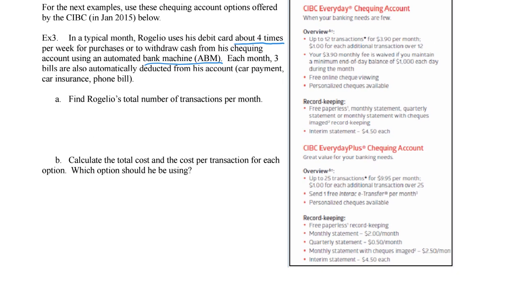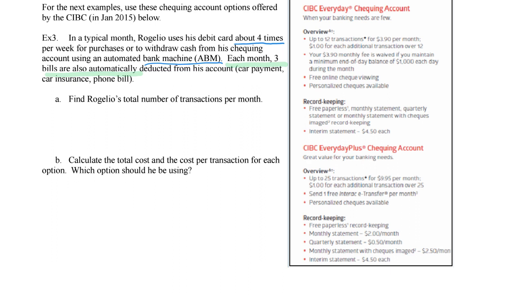Now, here's what we need to figure out. We know that for every month, Rogelio has 3 bills, which are automatically deducted from his bank account, and they are his car payment, his car insurance, and his phone bill.